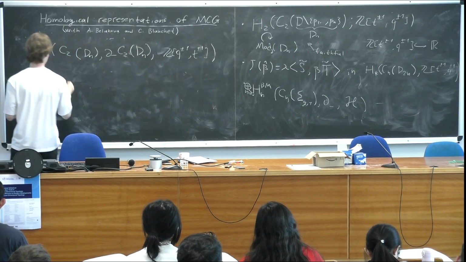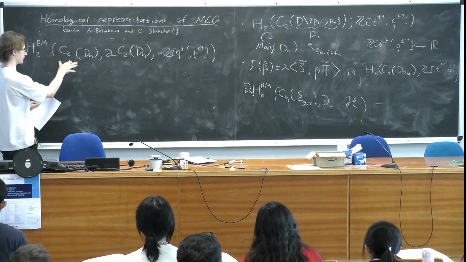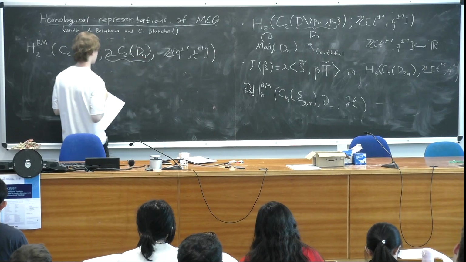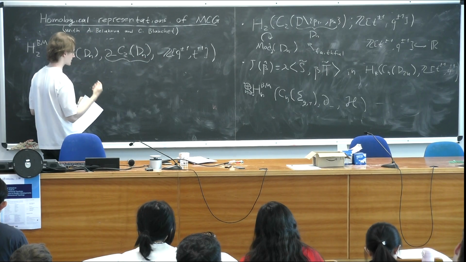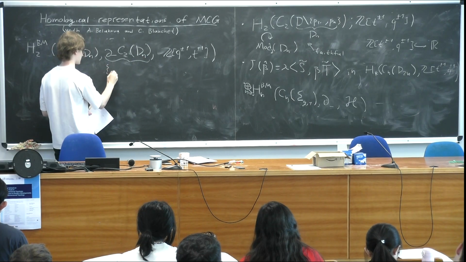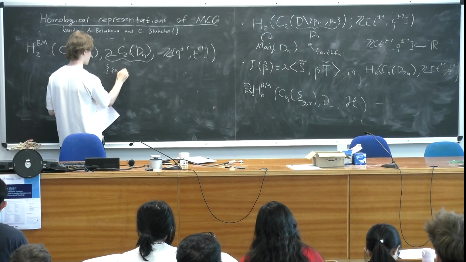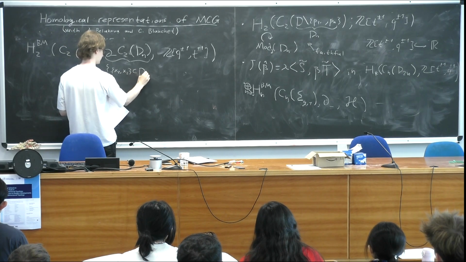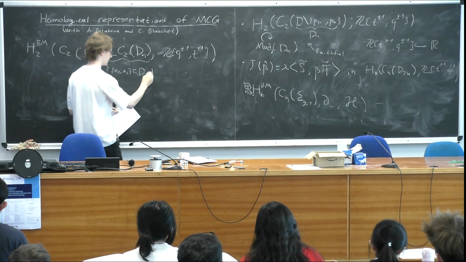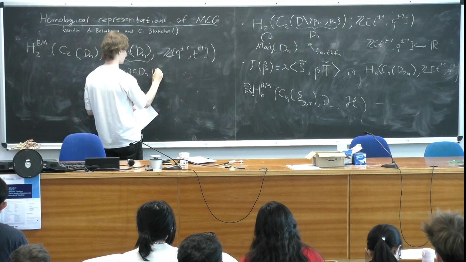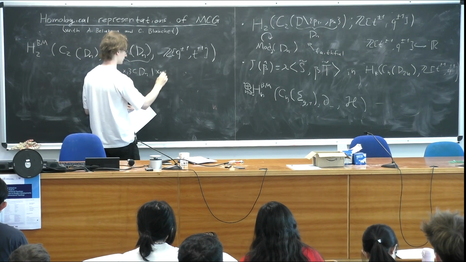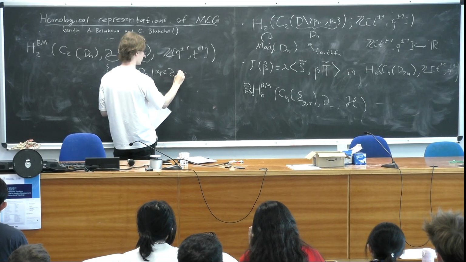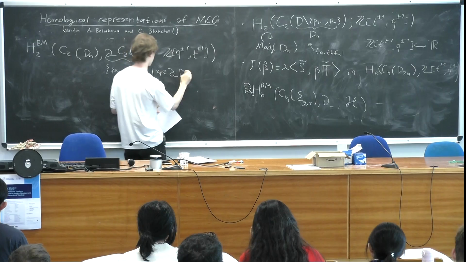So consider this space. This is just the configuration space of the punctured disk. But now I consider it relative to some subspace, which is just the subspace of points in this disk such that at least one of them belongs to the minus boundary.